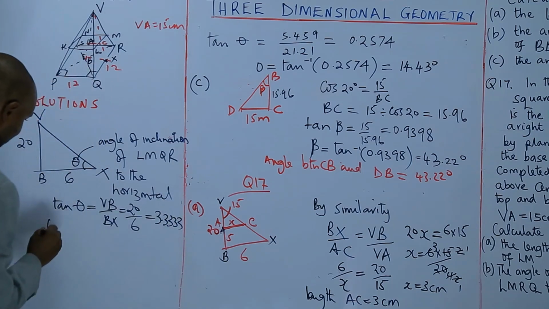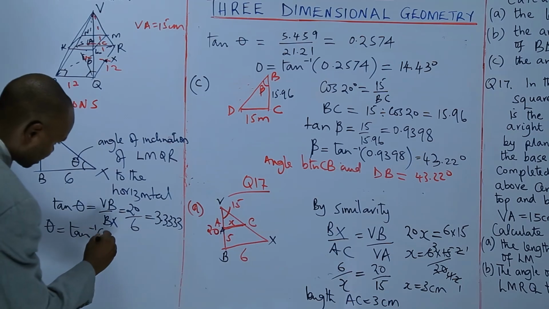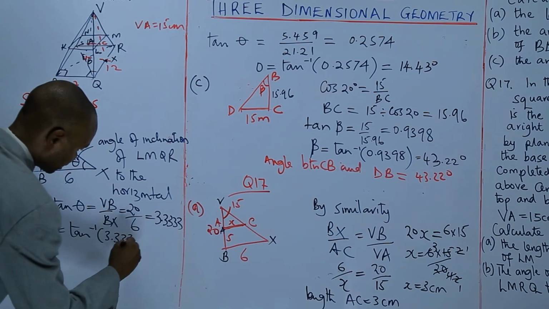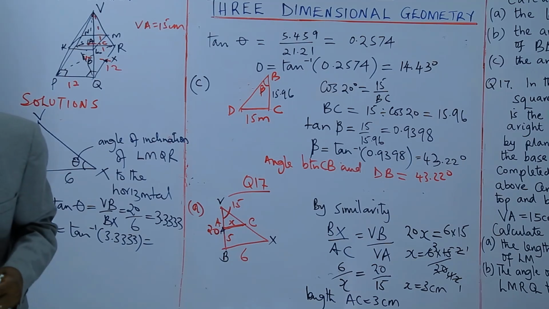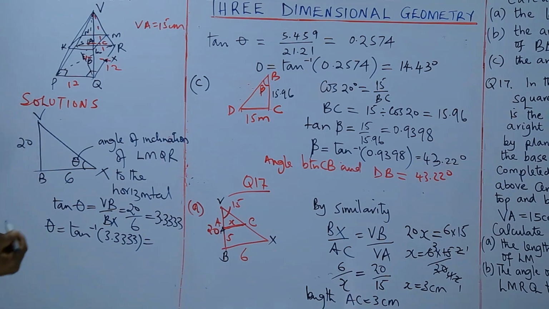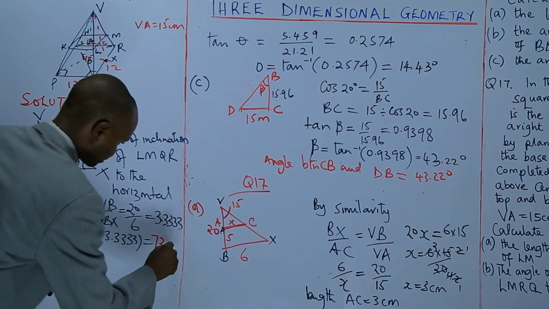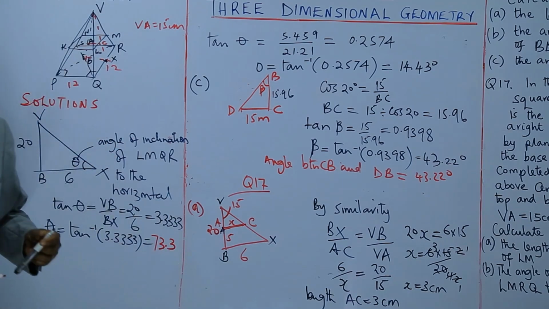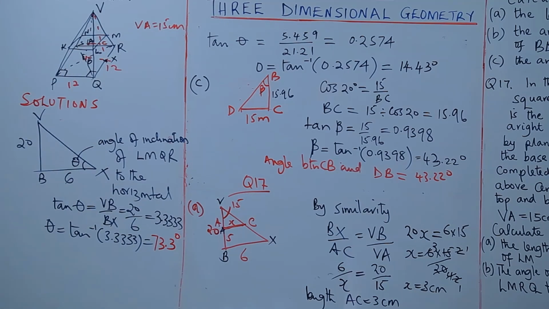So theta is equal to tan inverse 3.3333. Punching the calculator, tan inverse 3.3333, 73.3 degrees.